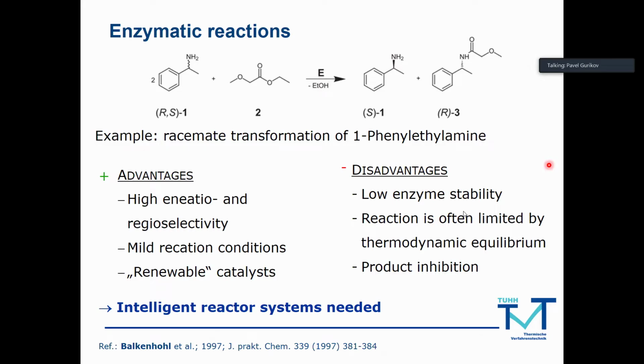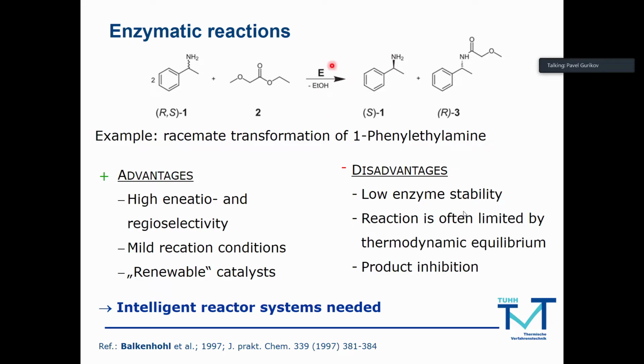I'd like to give you a couple of ideas of what sort of reactions we can perform in such microreactor systems, and illustrate it with our own work. So in the past, especially, we were studying many enzymatic reactions, with enzymes being selected. So what is an enzyme? It is a protein, basically.